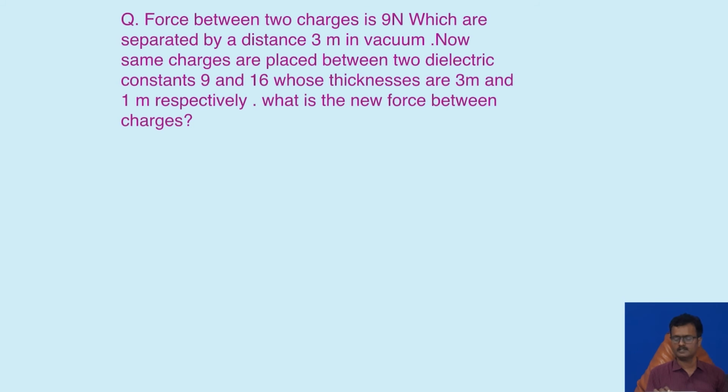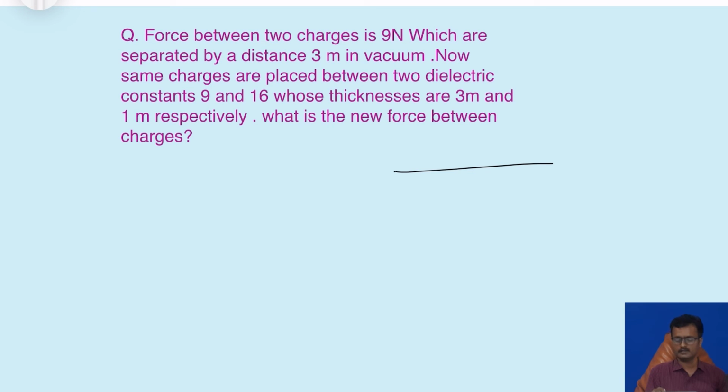Force between two charges is 9 newtons, separated by a distance of 3 meters in vacuum. Now the same charges are placed between two dielectrics with constants 9 and 16, whose thicknesses are 3 meters and 1 meter respectively. What is the new force between the charges? Look here, what is given? Two charges Q1, Q2, distance 3 meters, and force 9 newtons.